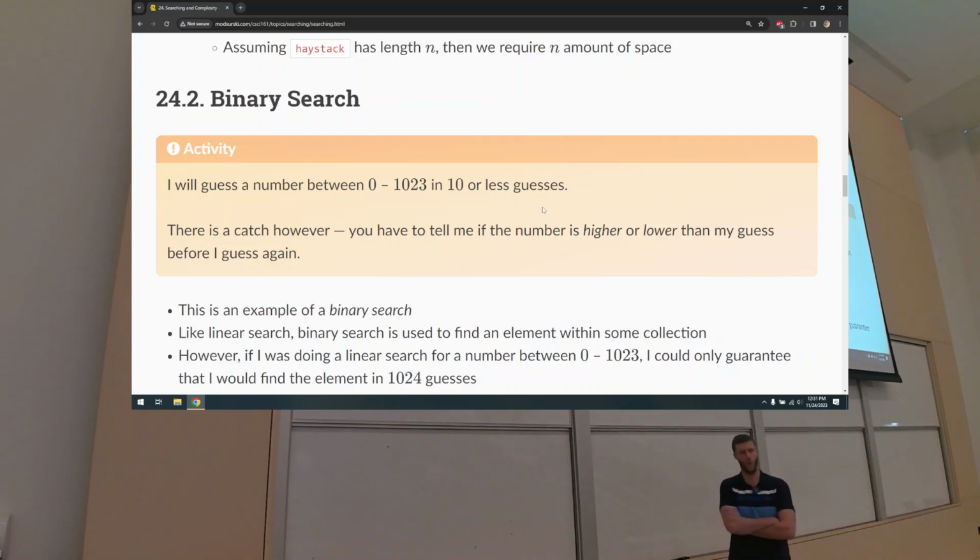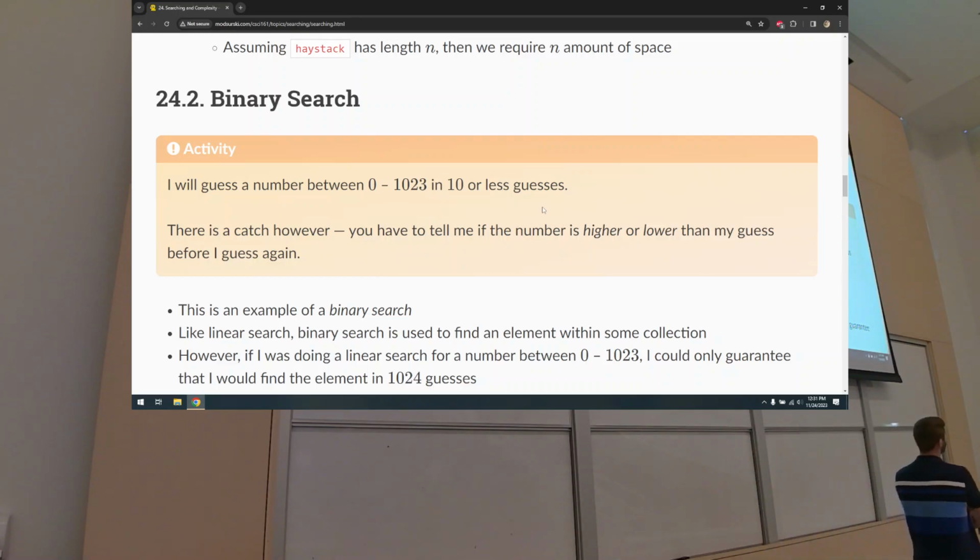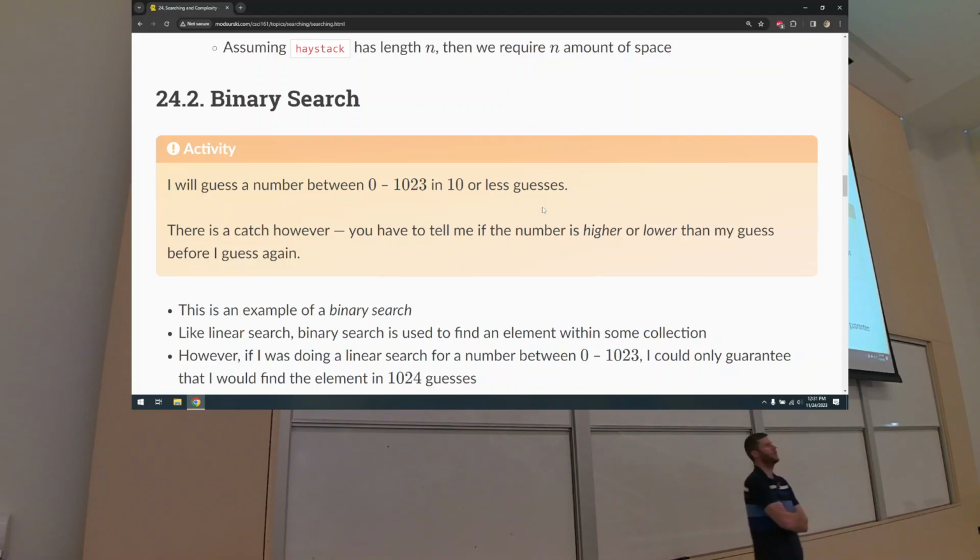Right, so the point of this was, with a linear search, the algorithm does a linear amount of work, but also the amount of work that the algorithm has to do as a function of the input size n is linear. If I double the input size, I double the amount of work. If I quadruple the input size, I quadruple the amount of work. That's it.